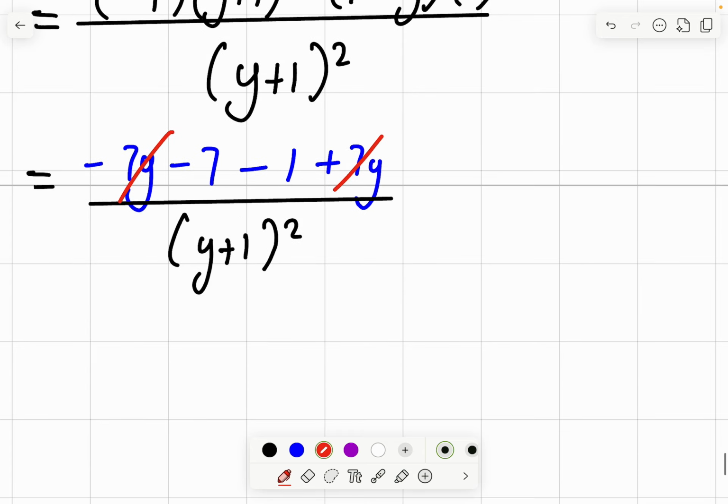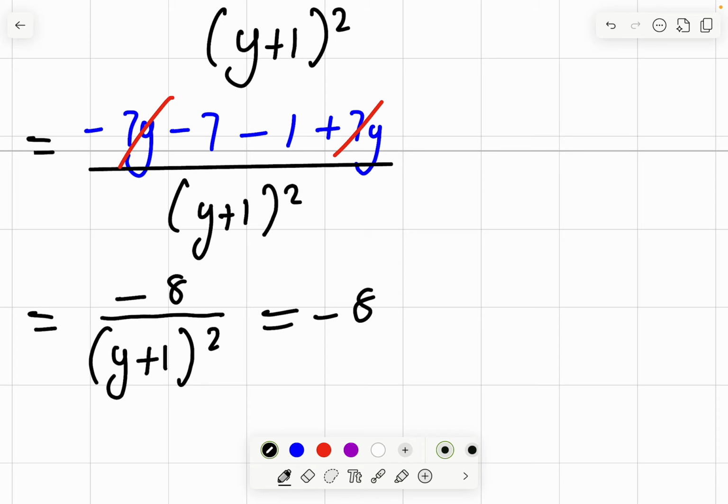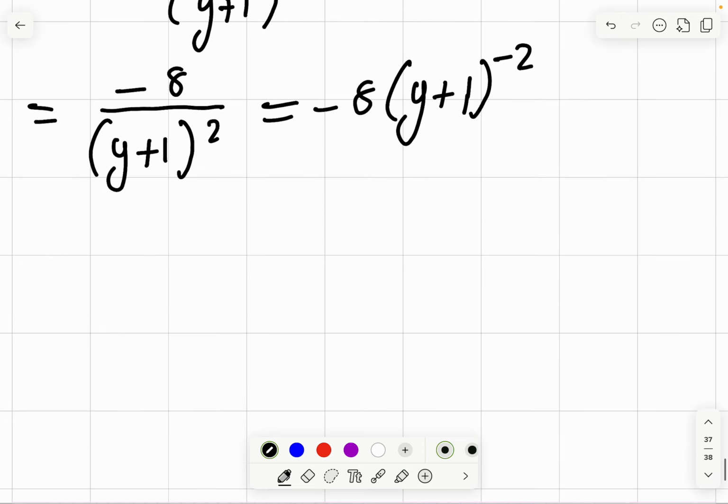So negative 7 minus 1 is negative 8, divided by y plus 1 all squared. I like to leave my answer like this, but it's not a must to leave your answer like that, to avoid making mistakes. So let's go to number 9.